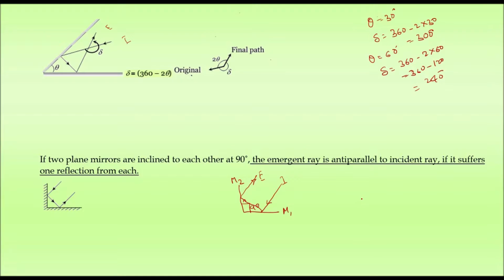If you do calculations, delta is equal to 360 minus 2 theta, and here theta is equal to 90 degrees, so it's equal to 360 minus 2 into 90, that is equal to 180 degree. So if two plane mirrors are inclined at 90 degree, then the emergent ray is anti-parallel to incident ray if it suffers one reflection from each mirror.